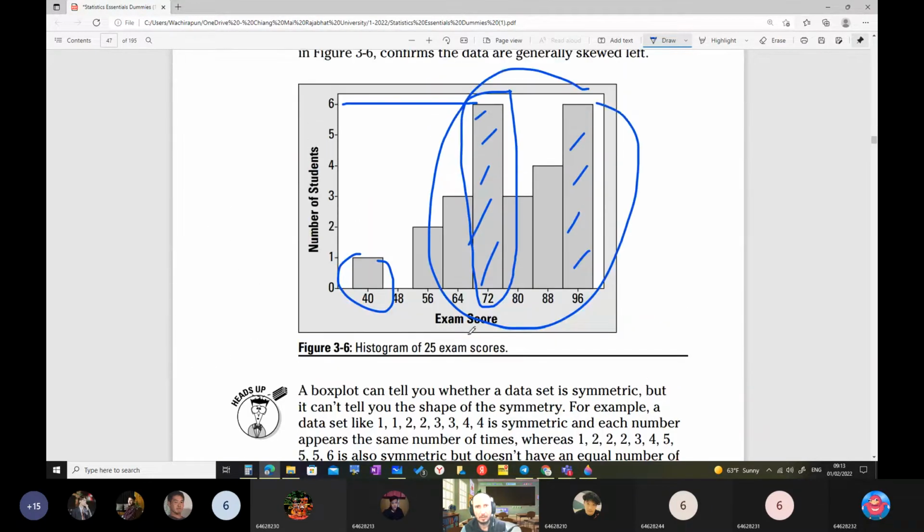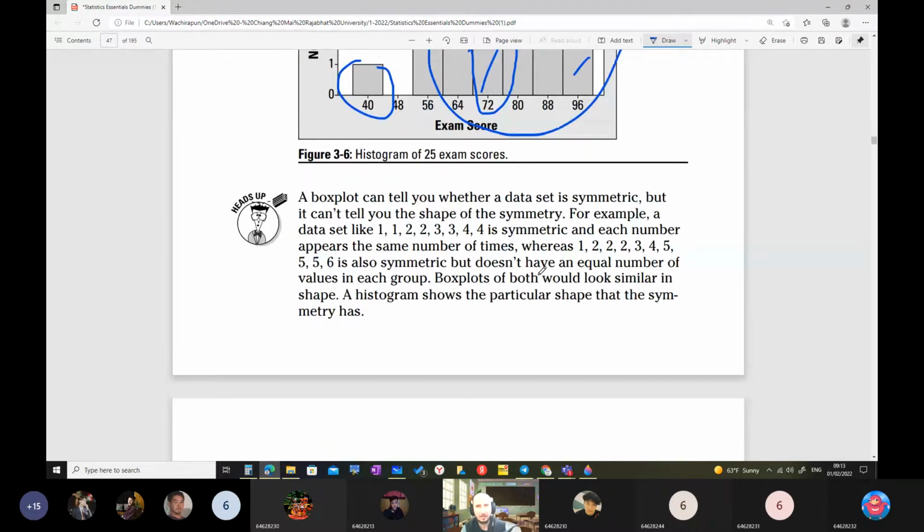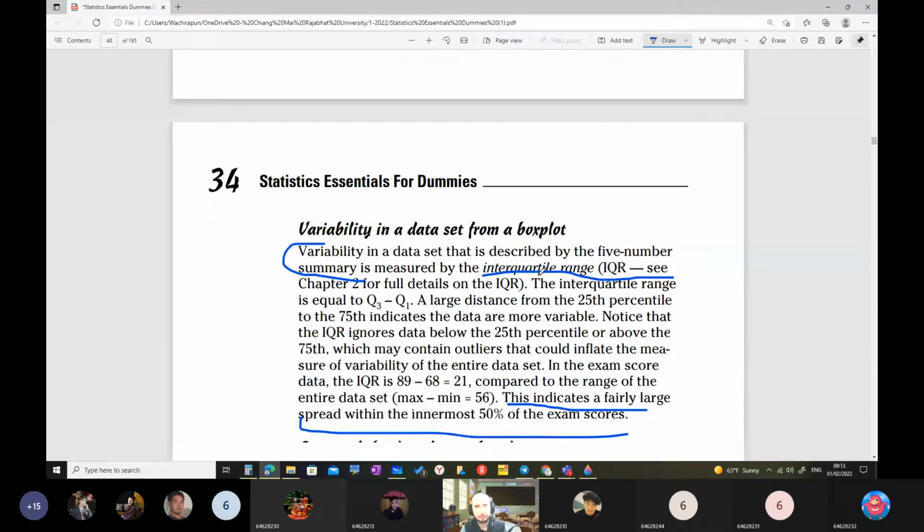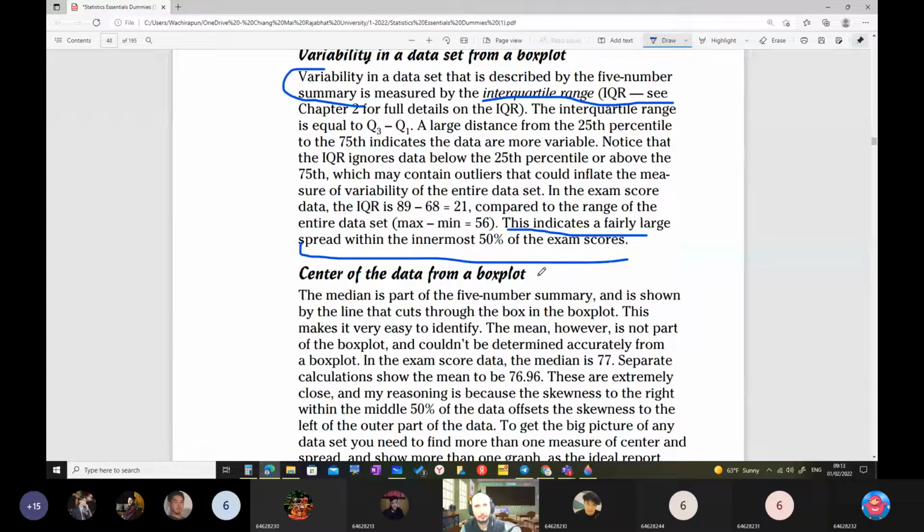So most students are here, but still there's a spread between them. They're not all together. There's a spread in the 50% of the data. IQR ignores data below the 25th percentile or above the 75th, which may contain outliers that could indicate the measure of variability in the data set, right?